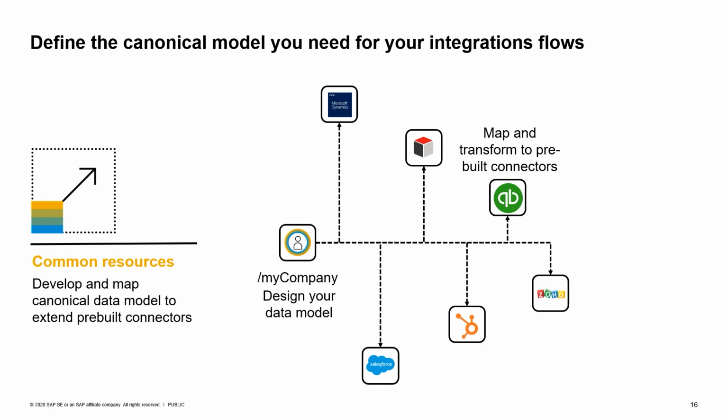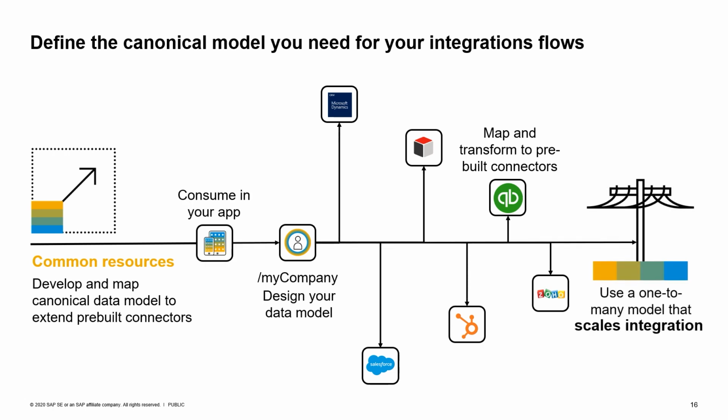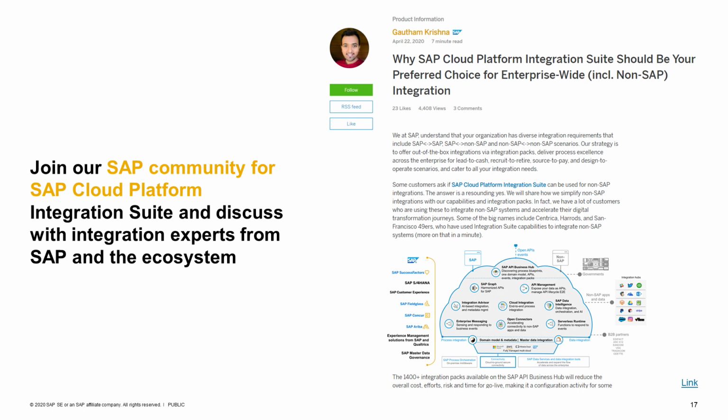Therefore, you're extending connectors. The data model is built once and might be mapped to any connector instance. That is the reason why we're saying one-to-many transformation. And you consume the common resource in any application or in your integration projects. This is the important part that I wanted to pass.